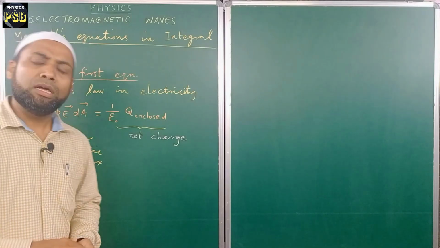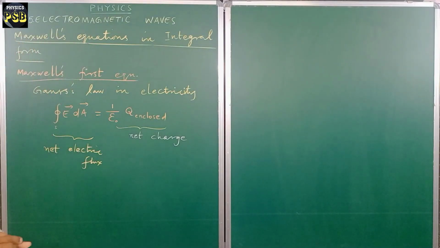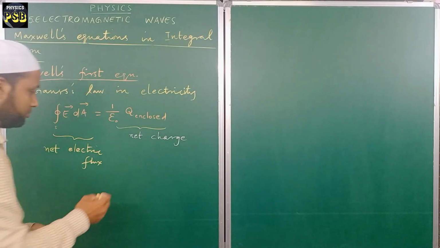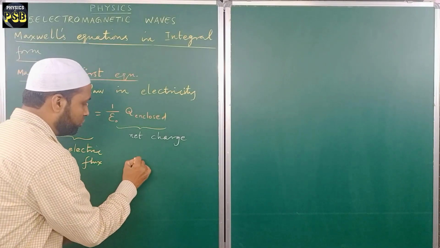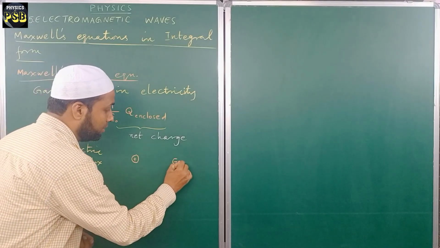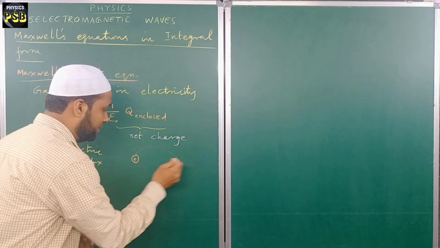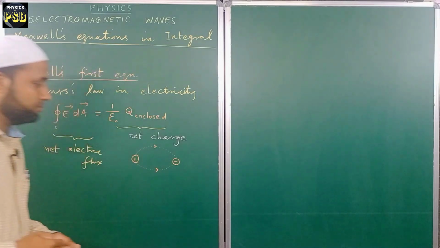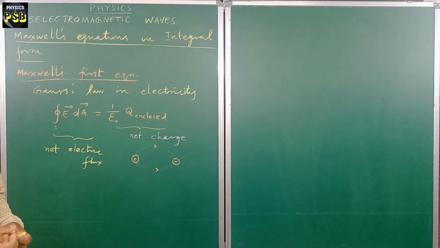Now apart from that, this equation also implies that electric field lines start from a positive charge and end at a negative charge. So what does it mean?